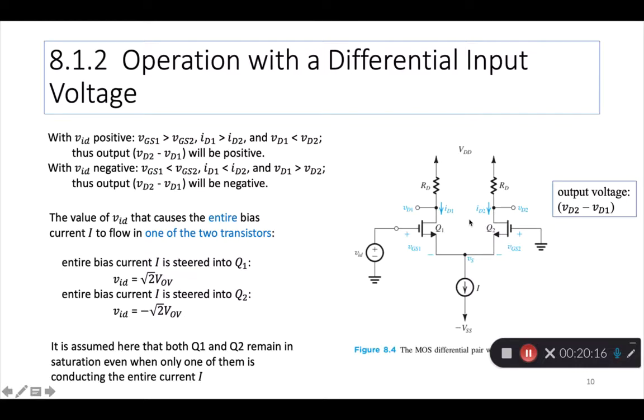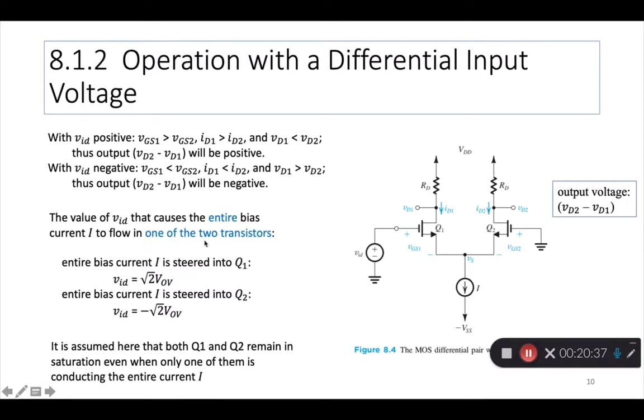In the differential mode, the currents are always different, and it's possible that we can make, by suitably biasing the devices, all the current just flow in one and zero in the other, and vice versa.